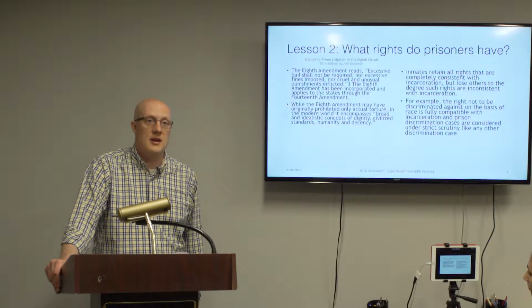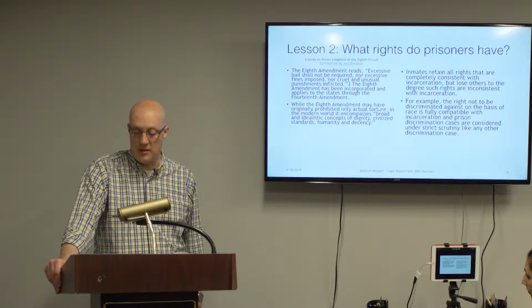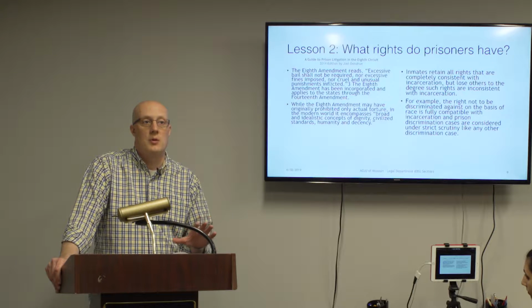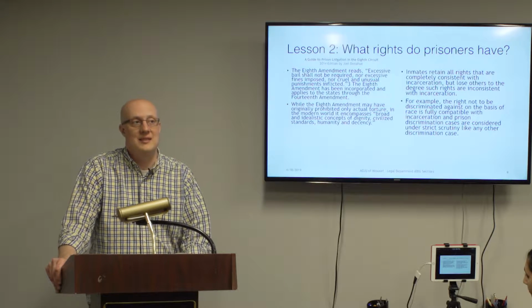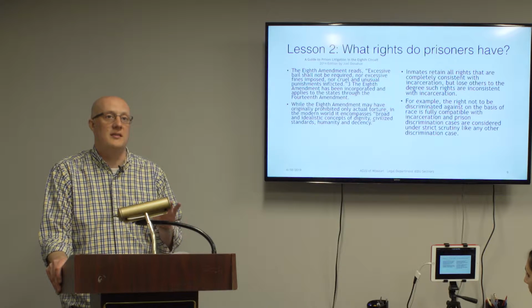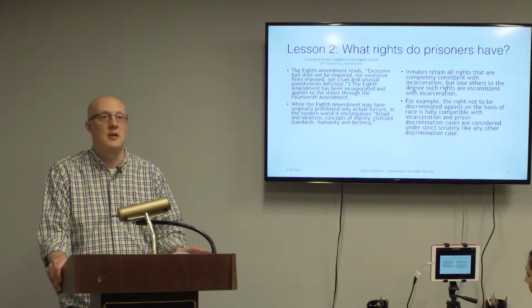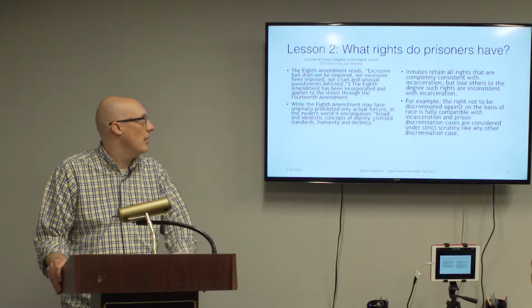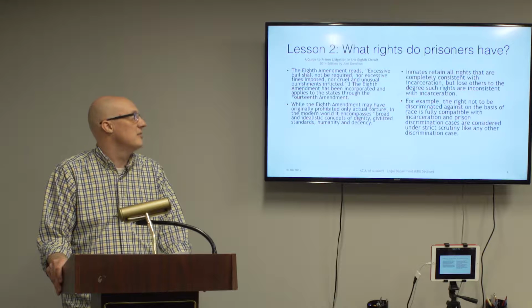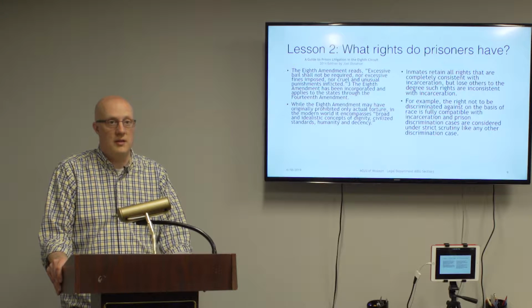This is going to be especially important when we talk about the Turner test later on. That test covers most of the constitutional rights that somebody has, whether or not they're in jail. And those rights do still apply so long as they're consistent with the incarceration.